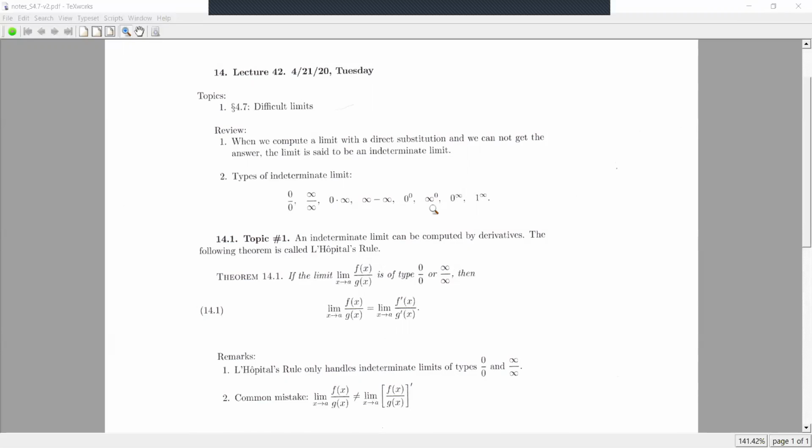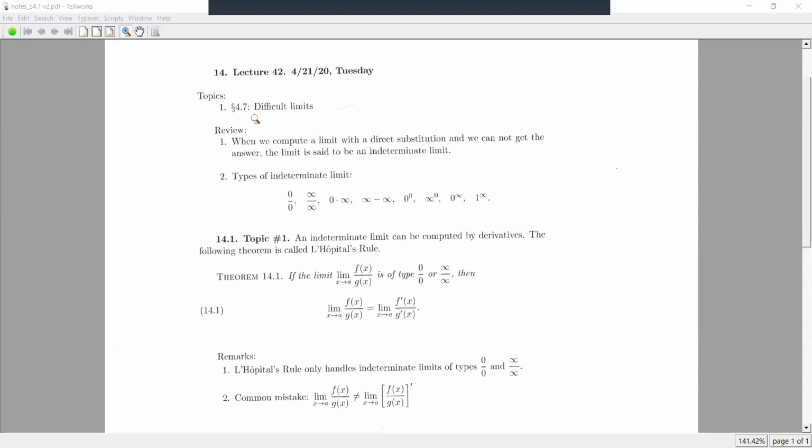And also infinity to 0, 0 to infinity, 1 to infinity. We cannot tell what they are. In total, there are so many types of indeterminate limit.